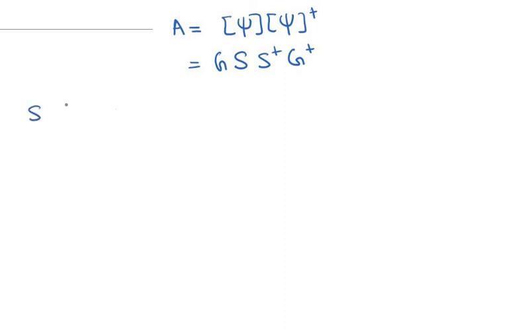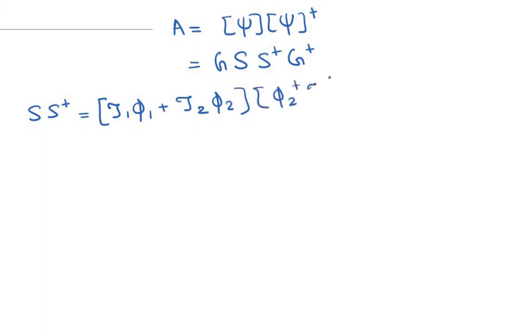It is tau 1 phi 1 plus tau 2 phi 2, multiplied by phi 1 dagger tau 1 dagger plus phi 2 dagger tau 2 dagger.